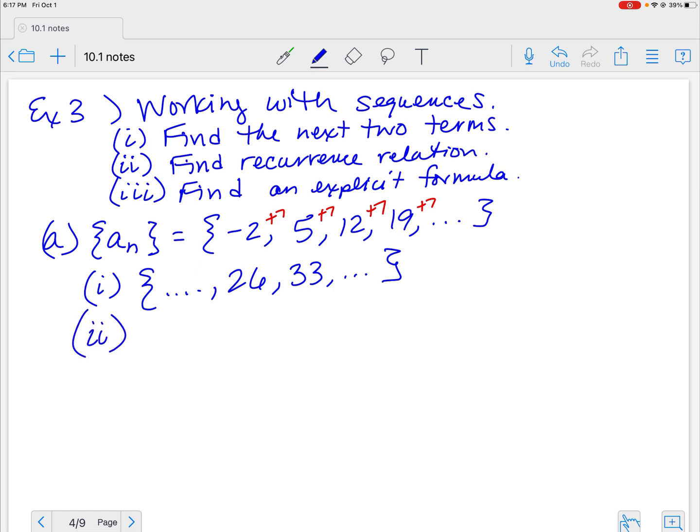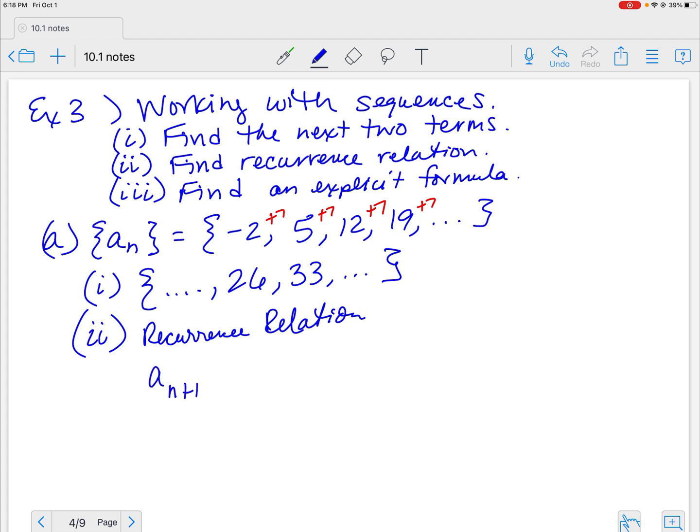Now here's the beauty of that. When you find the pattern to get there, what happens with a recurrence relation? Yes, you build off the next one. That's the whole point of the recurrence relation, I'm building off of the previous term. What am I doing to build off of that previous term? I'm adding 7. So that's how you build a recurrence relation.